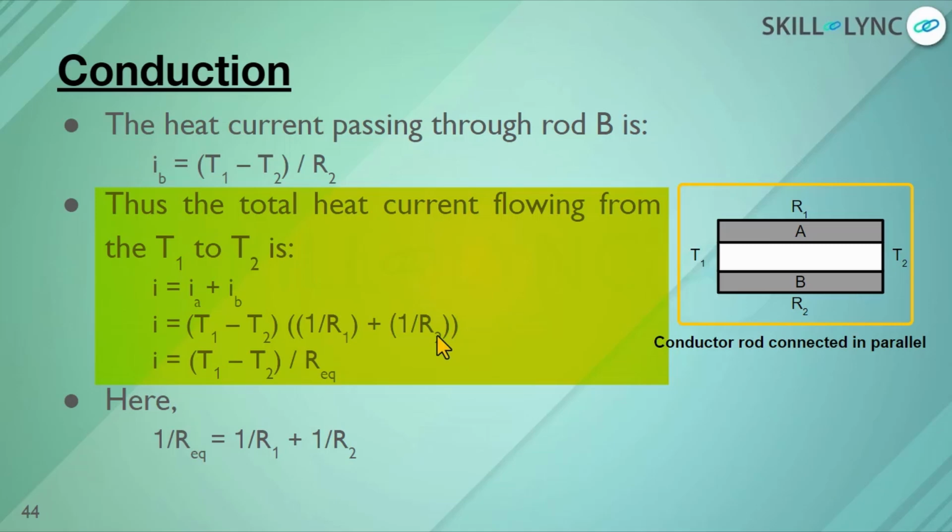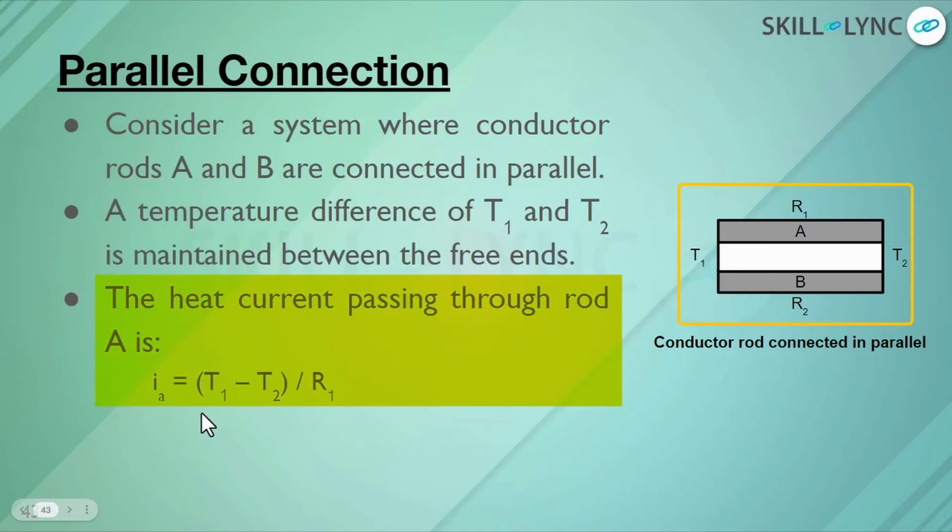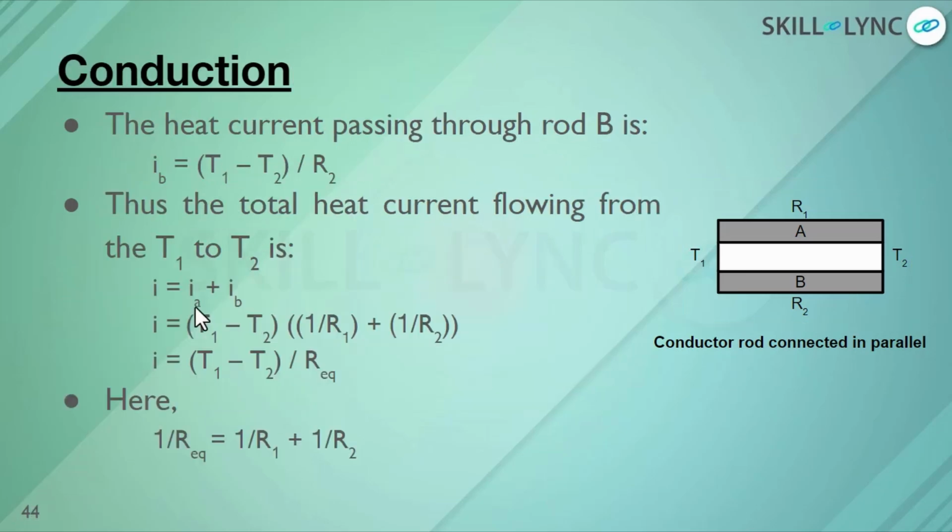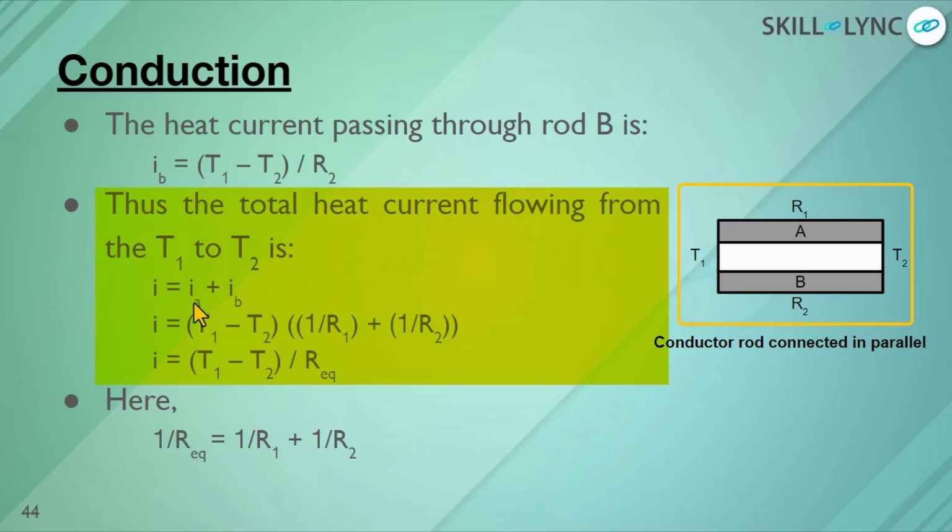Let me explain this again. When we put the equation of IA first, it can be read from the previous slide, that is (T1 minus T2) upon R1. We would place this equation here. Similarly, for IB, we would place the equation (T1 minus T2) upon R2.